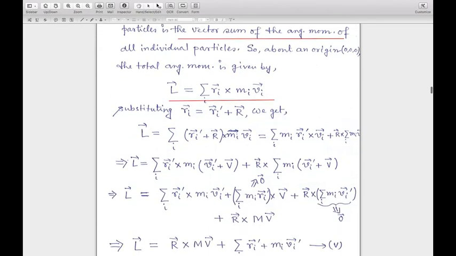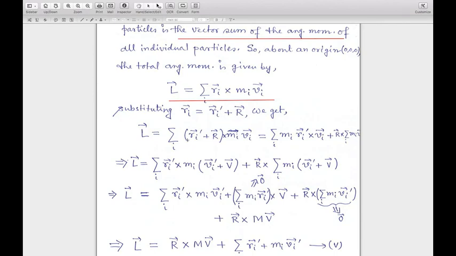Then again, in order to simplify, you will see how this simplifies the total calculation. We write every position vector as the position vector of the center of mass plus the position vector of the ith particle in the center of mass frame.